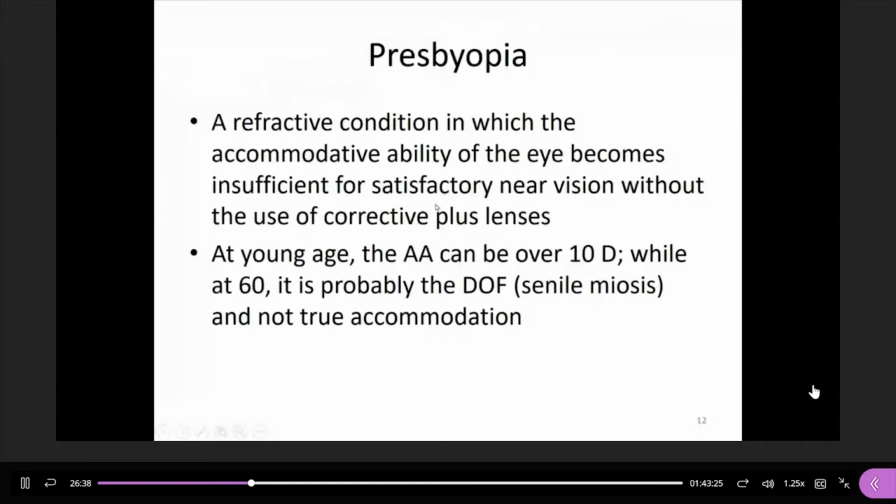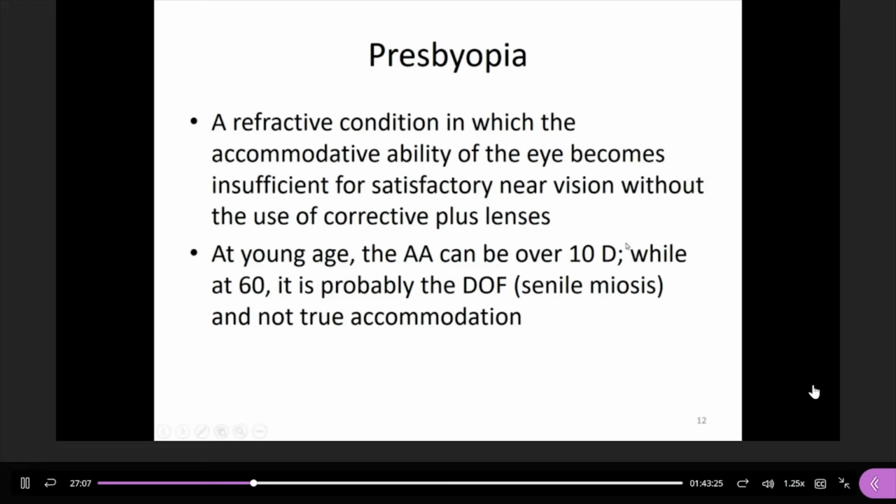Usually the corrective device will be in the form of a positive lens, or convex lens, which will help them get the extra positive power. At young age, the AA, the amplitude of accommodation, is very high. In kids, for example, they can have more than 10 diopters of accommodation.